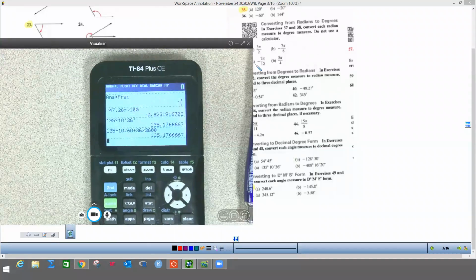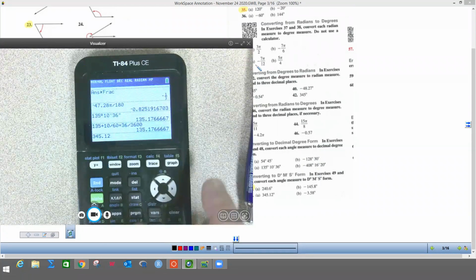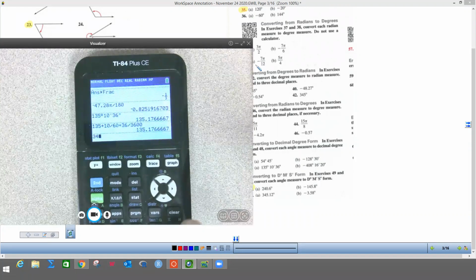Okay, so I'm going to type in 345.12. Now that's decimal degrees. Now again, you're going to have to get up here where it says angle right there. So you're going to hit second apps. Oops, hit the wrong button, sorry. 345.12.